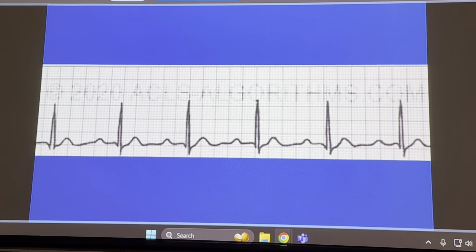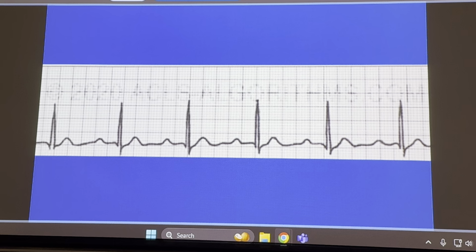That's going to make a little more sense when we talk about a different type of rhythm in a little bit. Are we dropping a QRS complex on this, Jess? No. We're not losing anything. So if we're not losing anything and we just have that prolonged PR interval, that's going to be that first degree AV block right there. Does that make sense to everybody? First degree, prolonged PR interval, but we don't drop a beat. Remember what our normal PR interval is. Anybody?